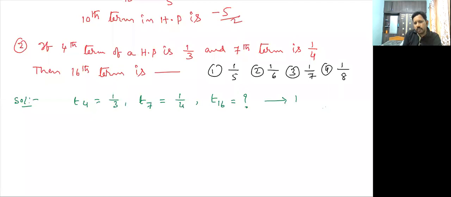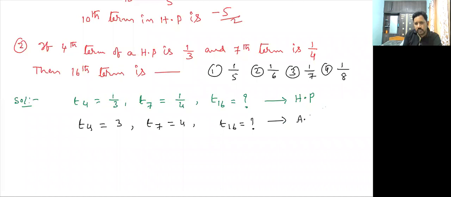These are in an HP series. Now we can convert them to an AP series. T4, write the reciprocal, 3, T7, 4, then find T16, question mark. These are in an AP series.